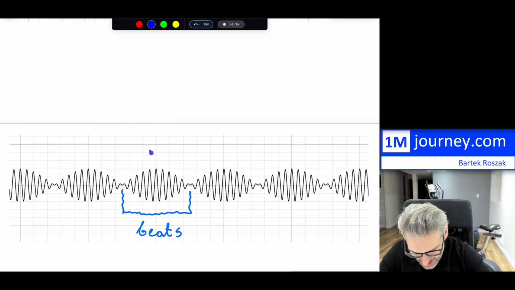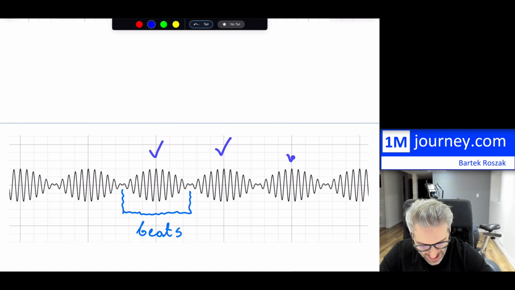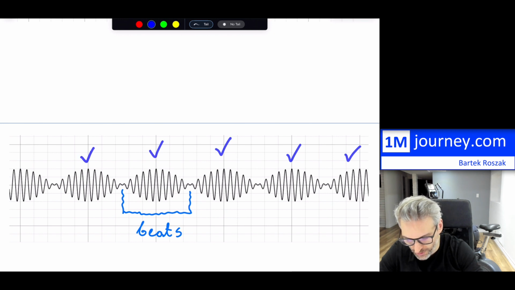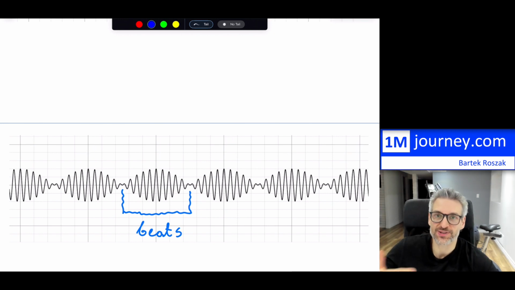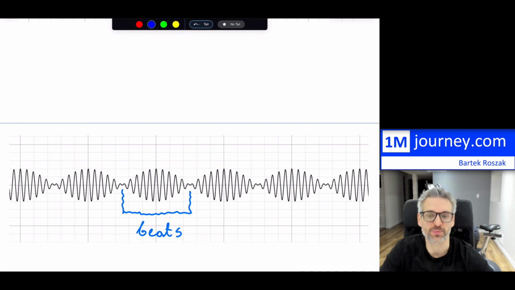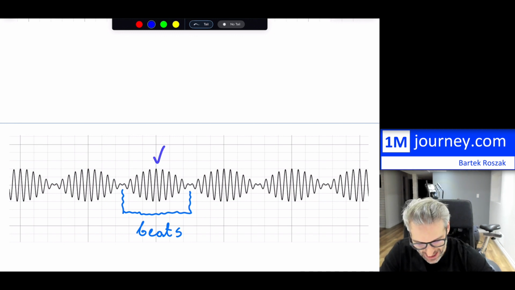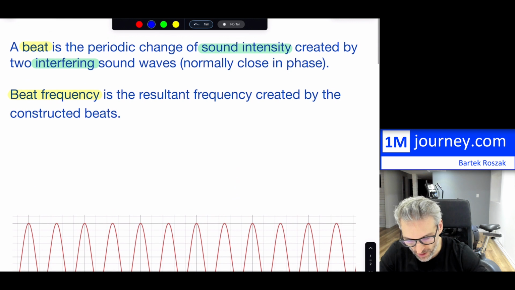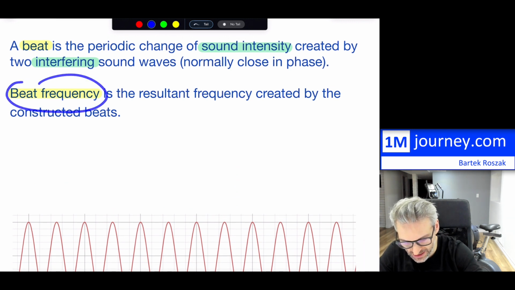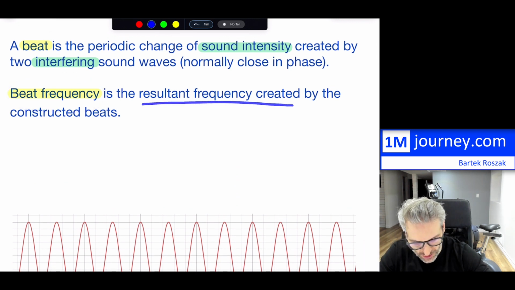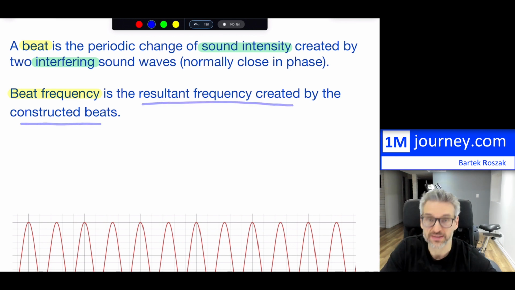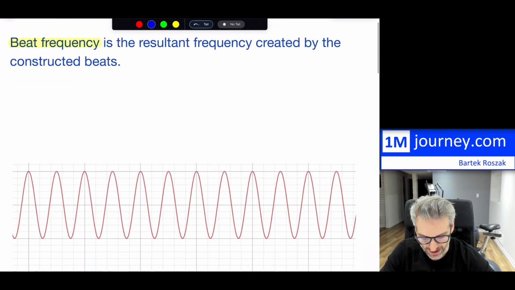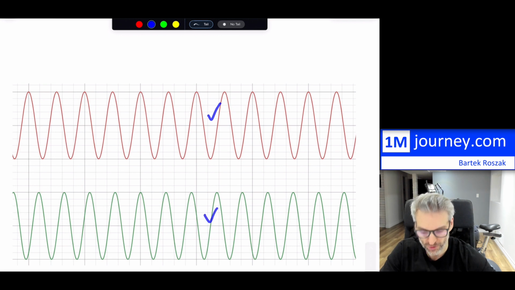And how many of these beats or how many cycles do we have in here? It's the same thing as in your heart, it kind of beats as you're progressing through. Well, these sound waves, how many beats do we have? How much time has elapsed? And we can then figure out what the beat frequency is. That is the resultant frequency created by the constructive beats that we had from these two particular waves.